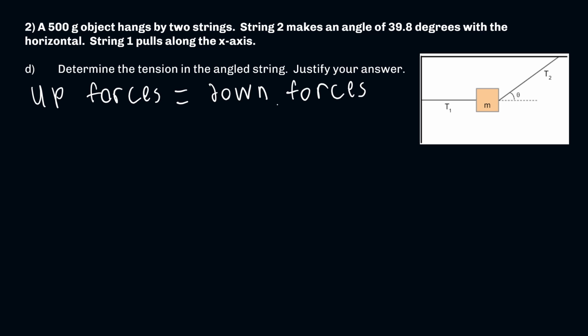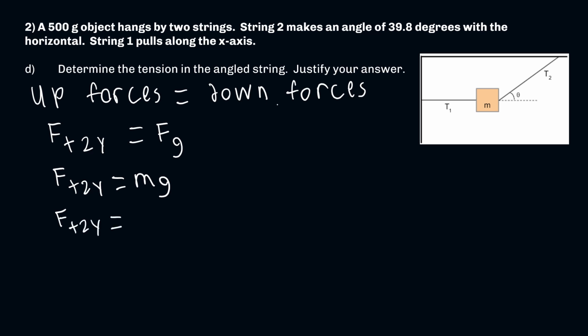So the up force here is going to be Ft2y. That's equal to Fg. And for Fg, we know Fg is equal to mg. Now I can start actually getting what Ft2y is. So we have here Ft2y. My mass is 500 grams. Divide that by 1,000 for kilograms here. So that's going to end up being 0.5 kg.